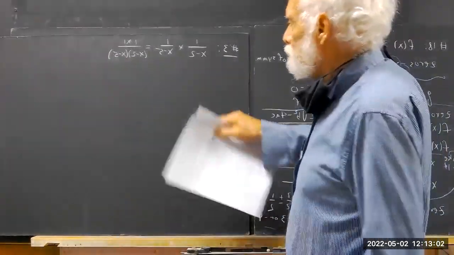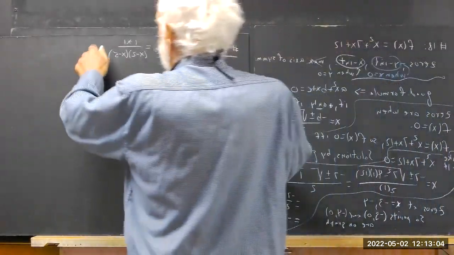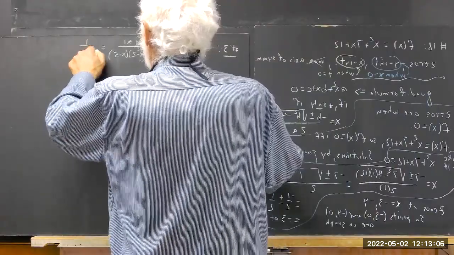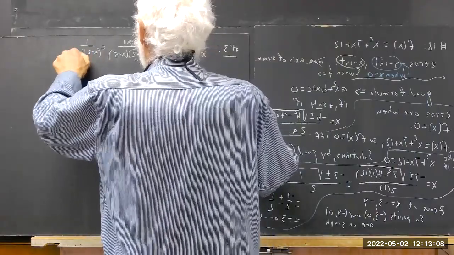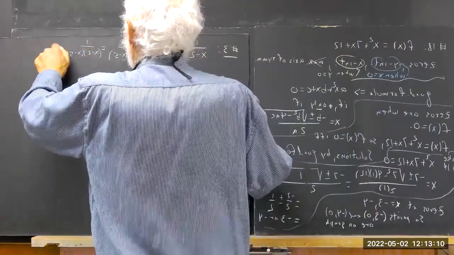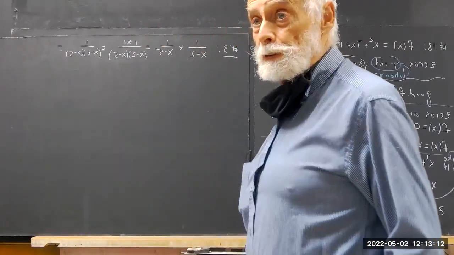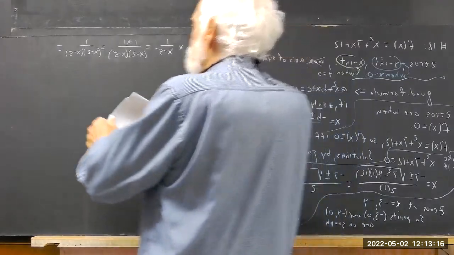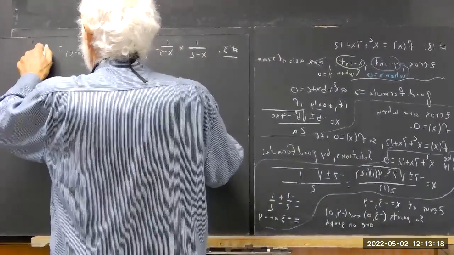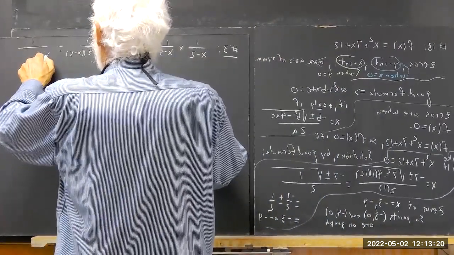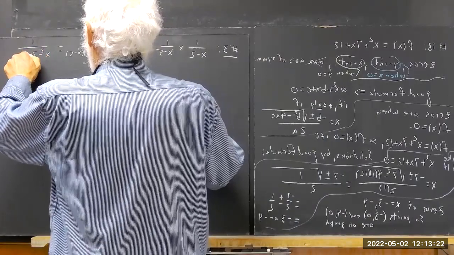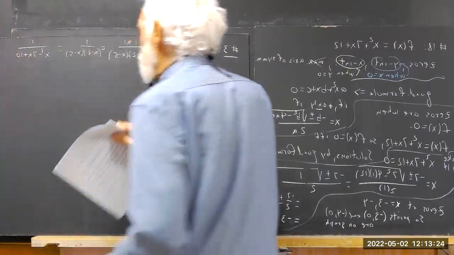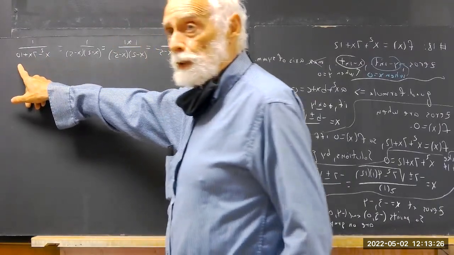Now if you want to write 1 over x minus 2 times x minus 5, I would consider that a satisfactory answer. It's even better if you use the distributive law and show it both ways, factored and unfactored.